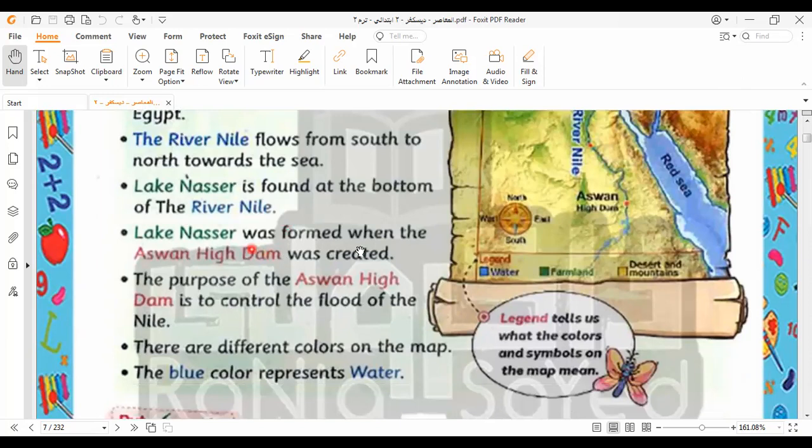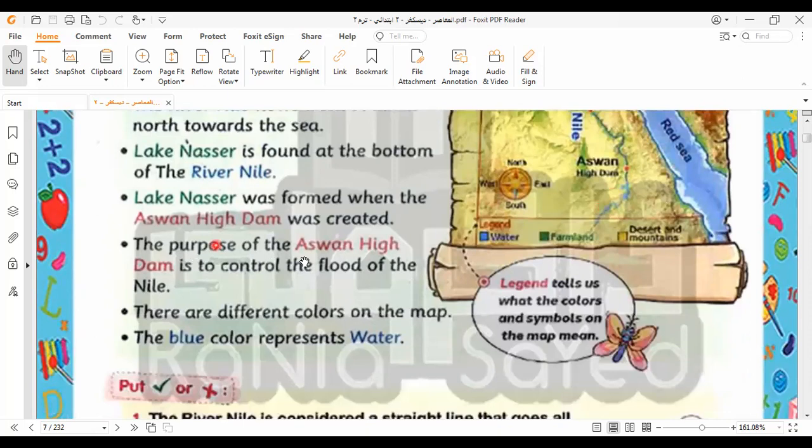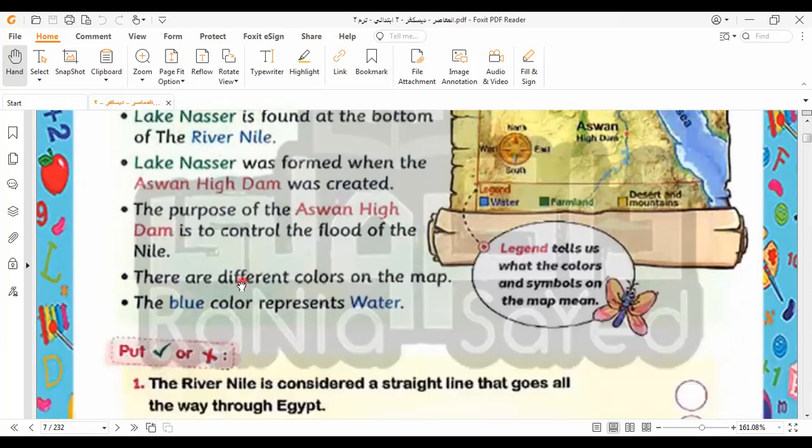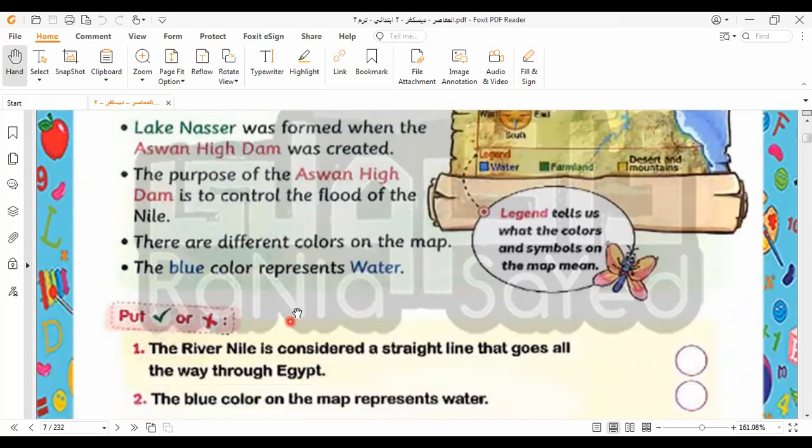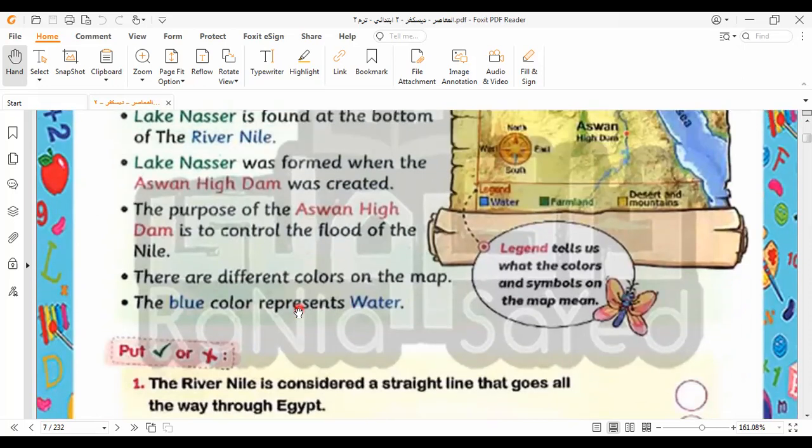Lake Nasser was formed when the Aswan High Dam was created. This is the Aswan High Dam. The purpose of the Aswan High Dam is to control the flow of the Nile. There are different colors on the map. Blue color represents water. Yellow refers to sand or desert.